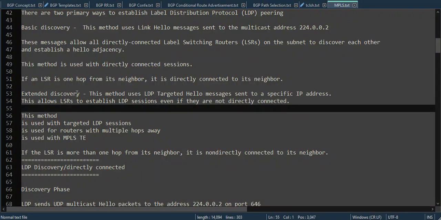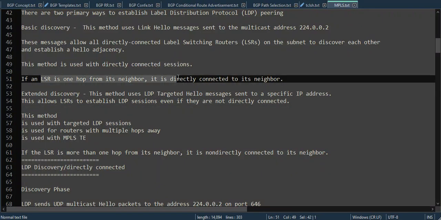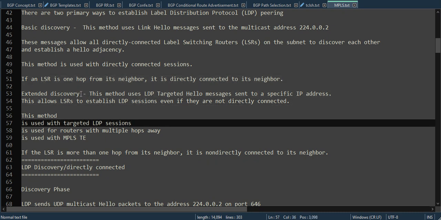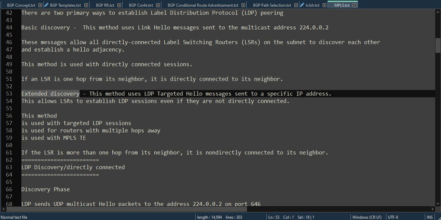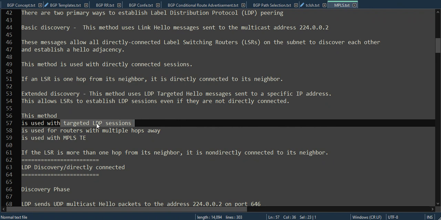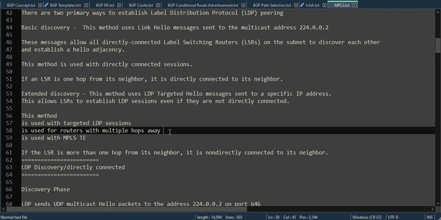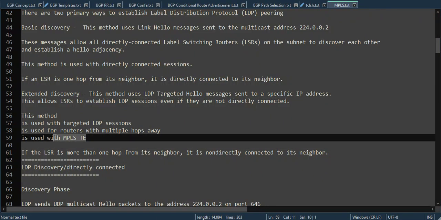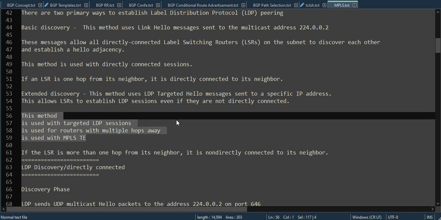When an LSR is more than one hop away, it uses extended discovery for LDP peering. This method is used with targeted LDP sessions, or TLDP, and is used for routers multiple hops away, more than one hop, and this extended discovery is used in MPLS TE scenarios.